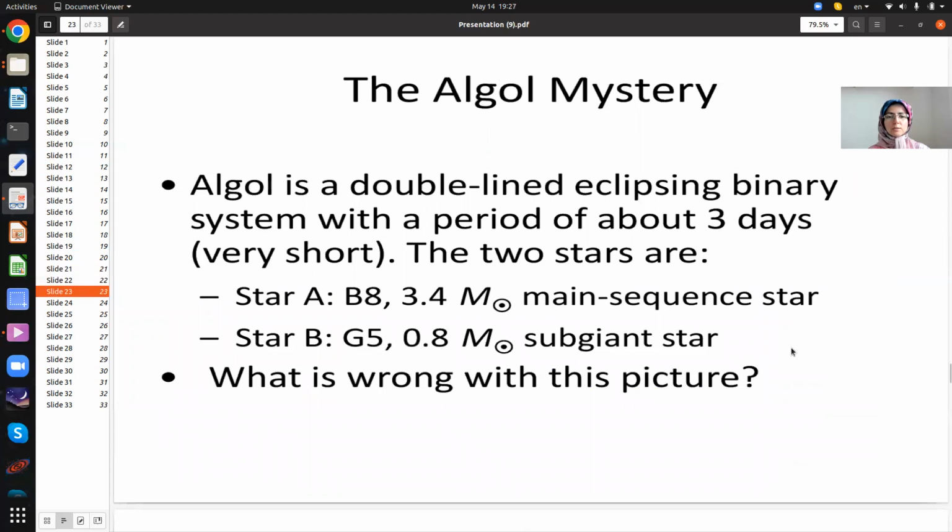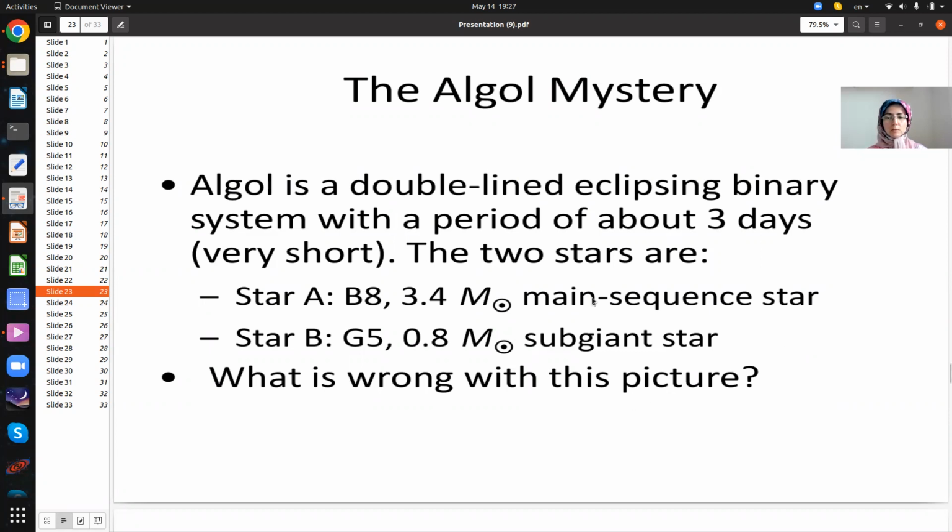The Algol mystery. Algol is a double-lined eclipsing binary system with a period of about 3 days, very short. The two stars are star A, a B8, 3.4 solar mass main sequence star, and star B, which is G5, with 0.8 solar mass, a subgiant star.